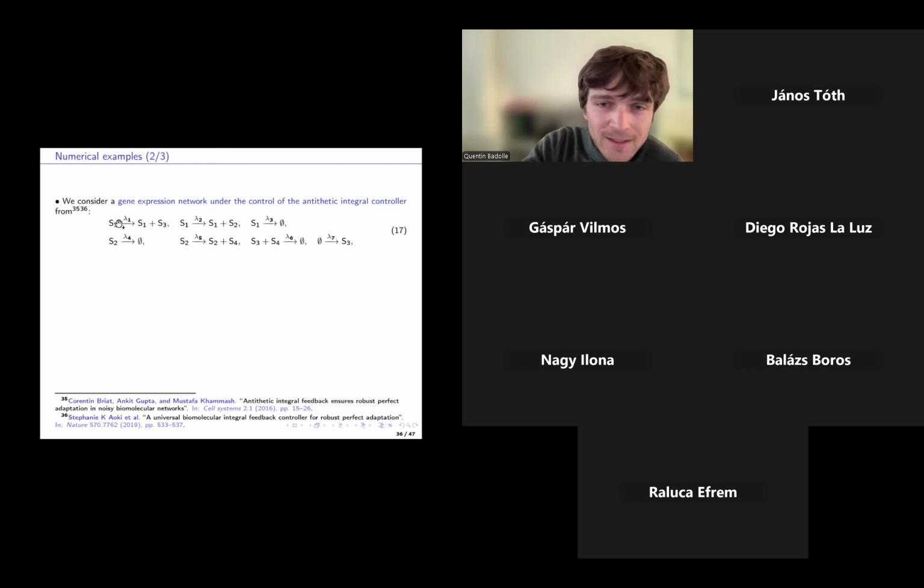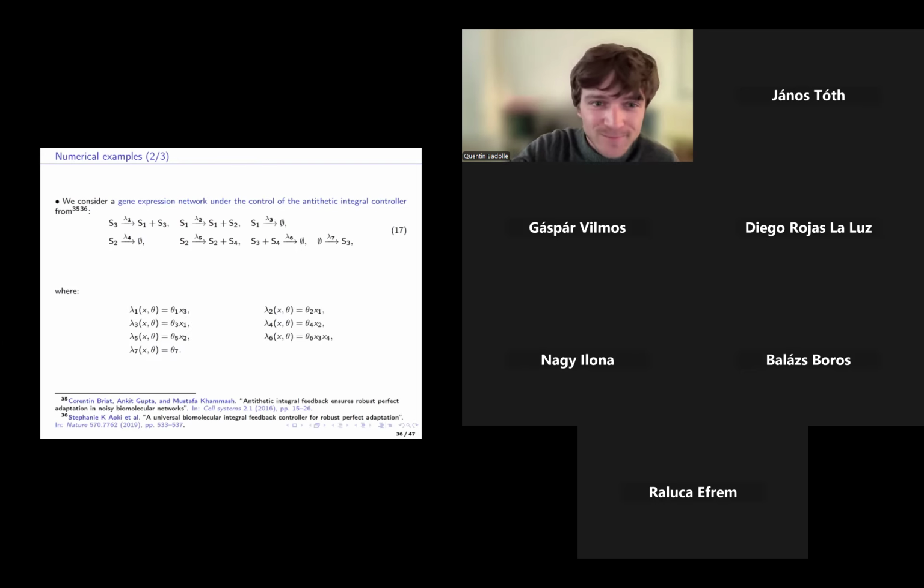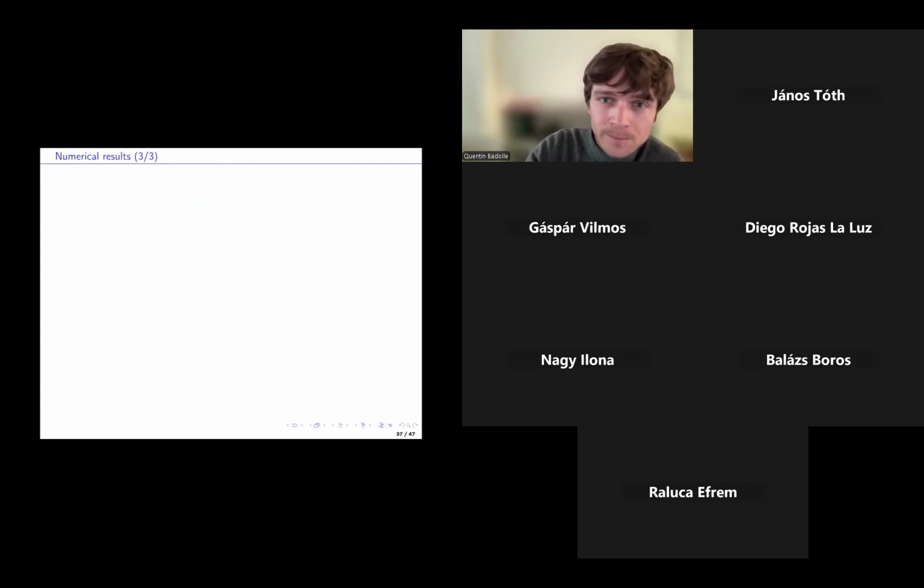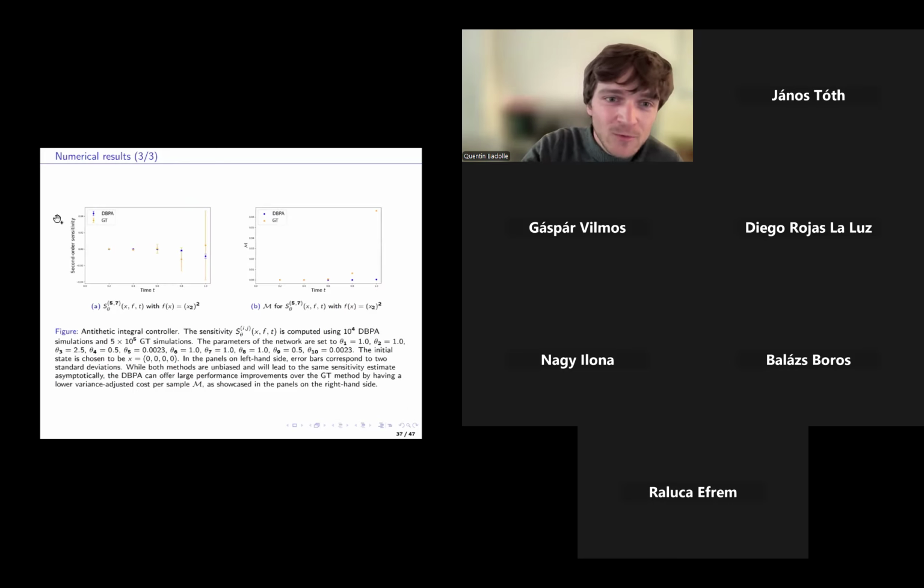So this is just the reactions which describe gene expression under antithetic control. And these are the propensities corresponding to it. I'm not going to spend a lot of time on this, but I refer you to these two manuscripts for further details on the application of the antithetic integral controller. And I'm going to directly move to numerical results, with two plots, which I'm going to explain shortly.